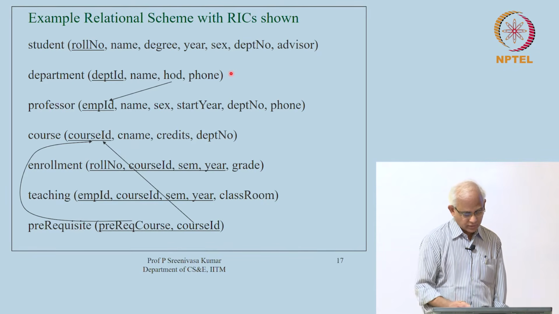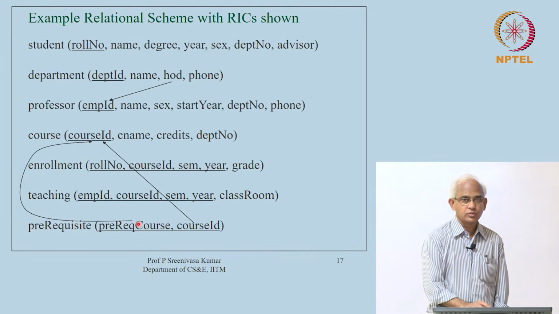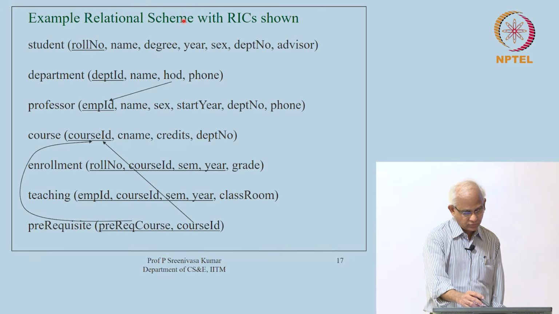So, likewise now we can identify more. So, prerequisite course and course ID are both foreign keys referring to the course ID, right. So, there are some more. Now, one thing that you will notice here is that the same attribute name might occur in multiple relations.